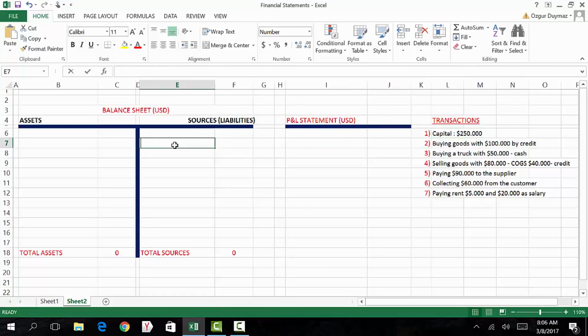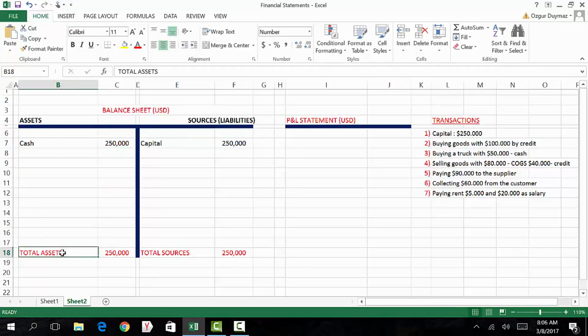This is capital as a source, $250,000, and this is cash, same amount. And look at the total of assets and sources, they are the same. With the accounting approach, debit is cash and credit is capital.